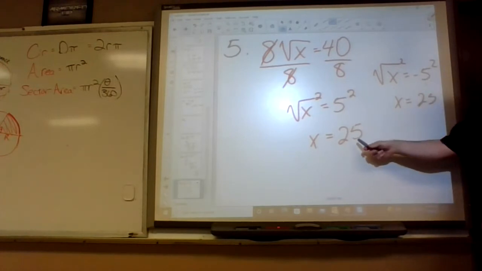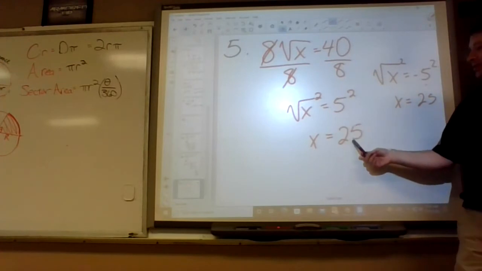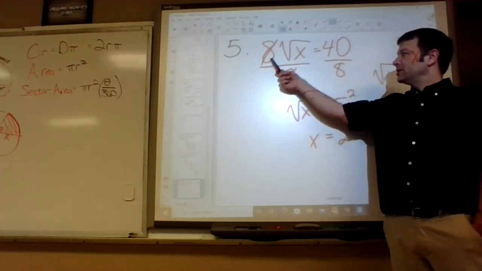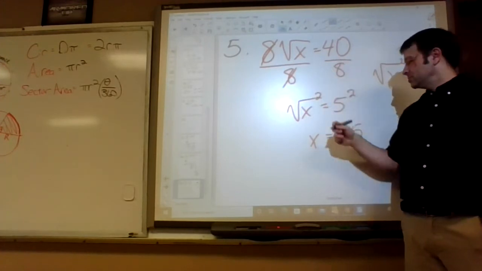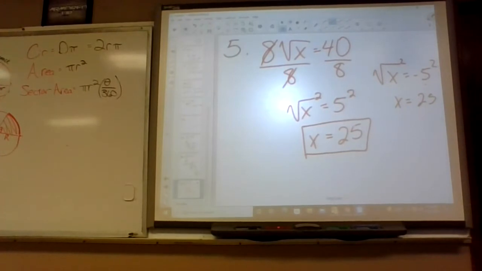Sometimes they do. So basically we just got to plug it back into the original and make sure this works. What's the square root of 25? 5. Times 8, so it does work. So we're good. If it didn't work, guess what I would have put? No solution, yeah.